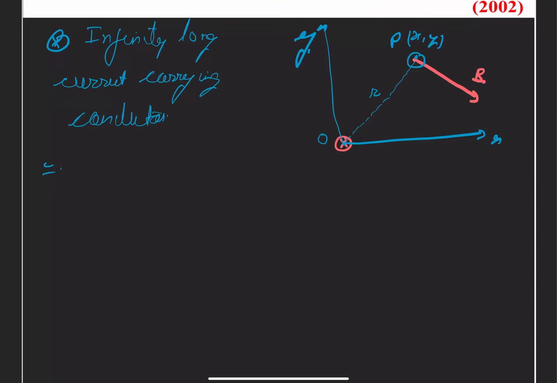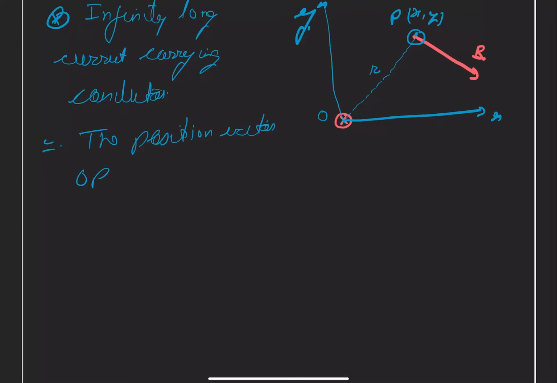We can say that the position vector OP makes an angle theta, and we can just draw a vertical line, and let's suppose this angle is our theta and this angle is also our theta.